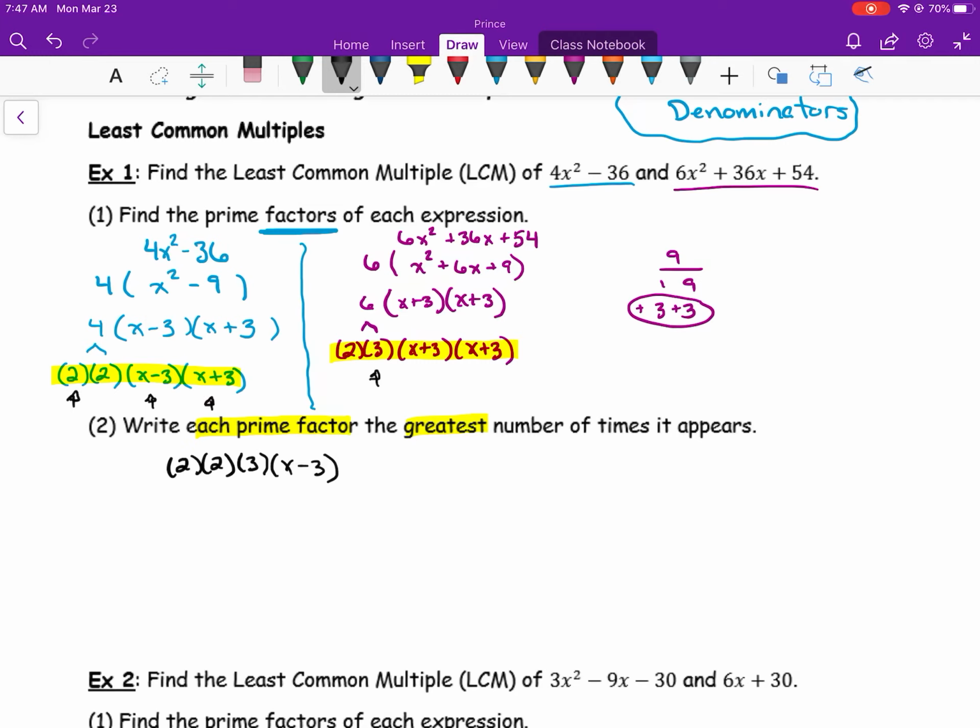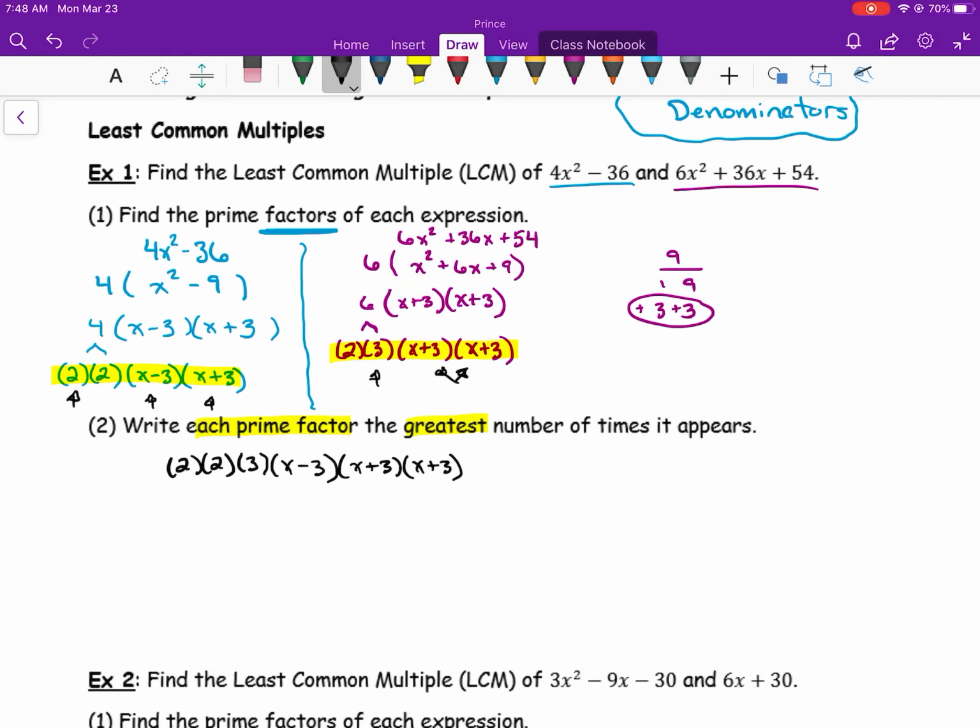Now I'll go to x plus 3. It shows up one time in the blue, 2 times in the purple. So the greatest number of times x plus 3 shows up is 2. Not the total number of times, which a lot of times people want to say is 3. It's the greatest number between the two expressions.